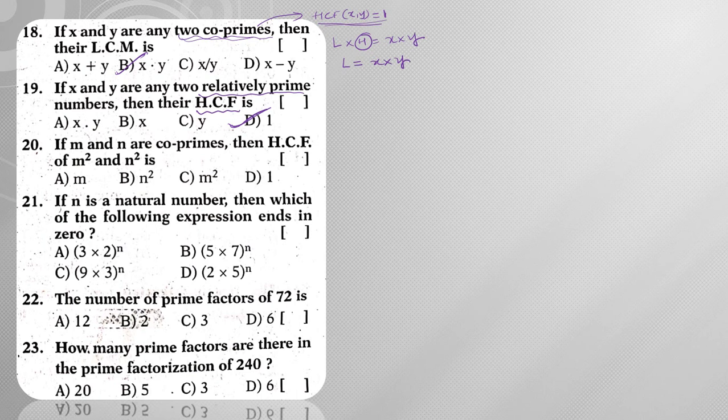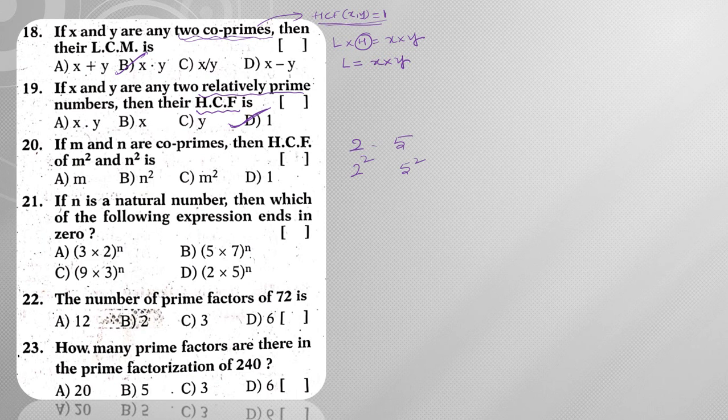HCF of m square and n square, right? So suppose if I consider 2 and 5, so 2 and 5 are co-primes, so 2 square and 5 square, so 4 and 25, we have no common factors. So if m and n are co-primes, then their HCF is 1.